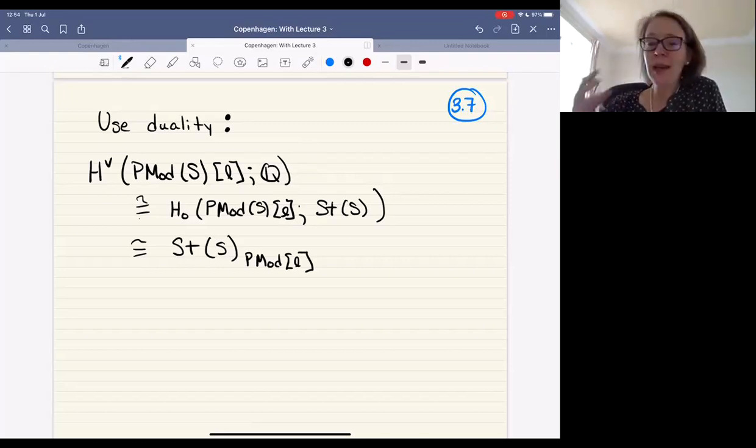Again, because this is a finite index subgroup of a virtual duality group, it has the same VCD and it has the same dualizing module as the full mapping class group.